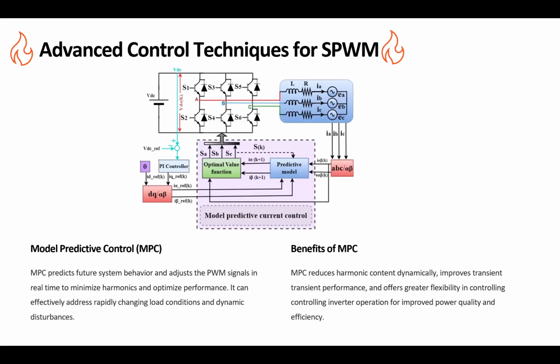Okay, so this is our baseline, but there are some advanced techniques, mostly the newest ones, using machine learning or AI, rather than feedback loops like a simple PI or PID loop filter. They use more advanced techniques in order to optimize those variables in SPWM.